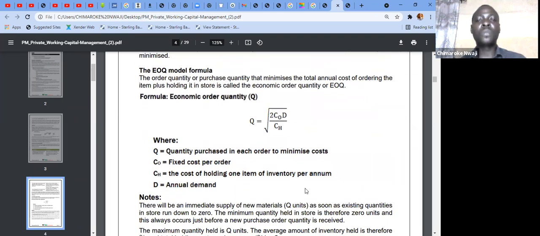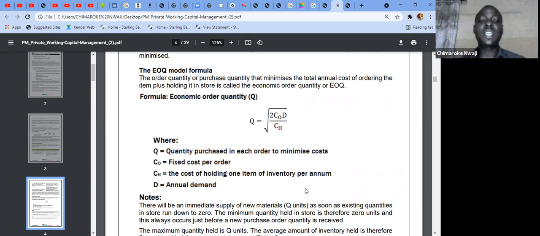The EOQ model, as we know, is Q equals the square root of 2 CO D divided by CH, where Q is the quantity purchased in each order to minimize cost. CO is the cost per order, that's the fixed cost per order.